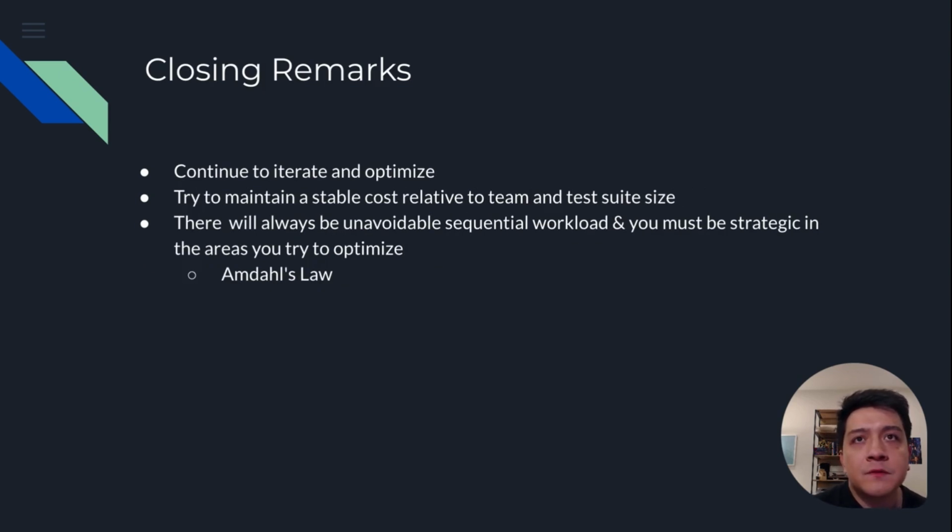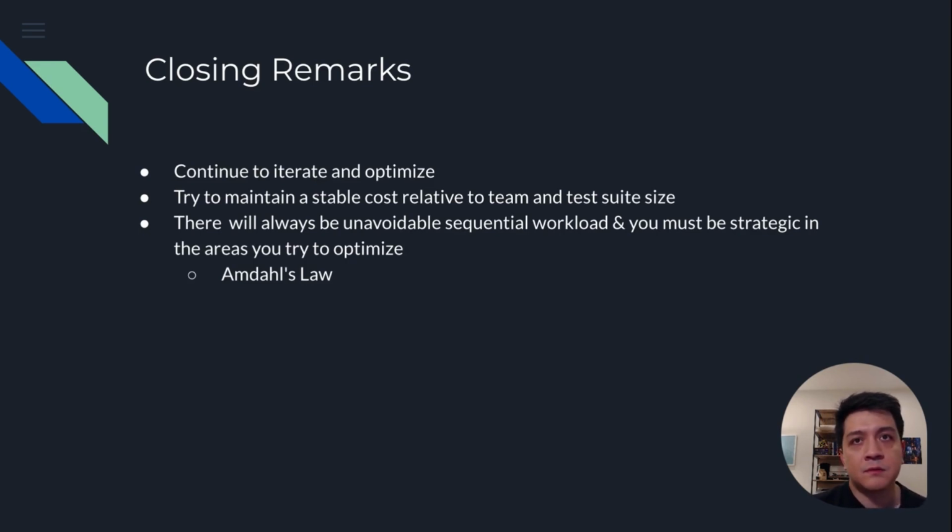So to summarize, we are continuing to iterate and optimize. We're trying to maintain a stable cost relative to the team and test suite size and growth. And we acknowledge that there are always going to be unavoidable sequential workloads that we can't parallelize, and we must be strategic in the areas we try to optimize.